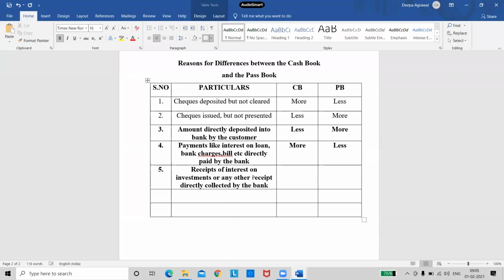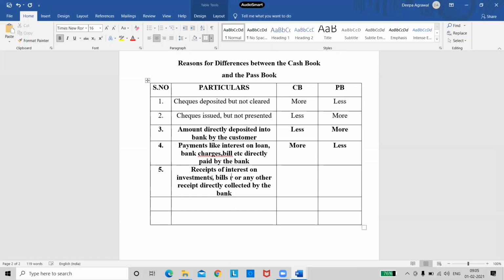Receipt of interest on investments, I can also write it as bills receivable. When I say bills receivable, it is the amount receivable, or any other receipt directly collected by the bank.